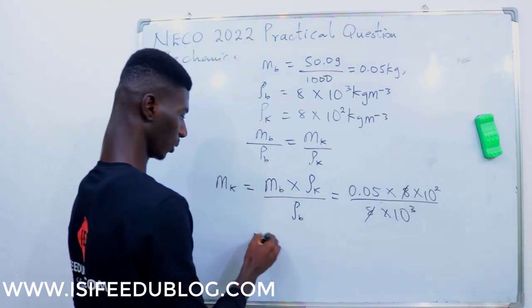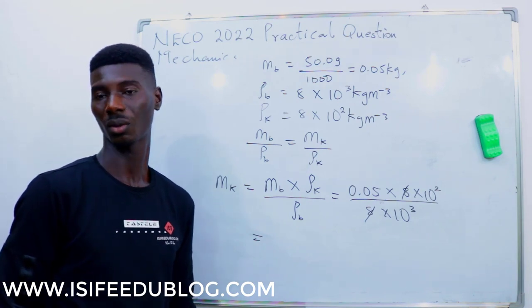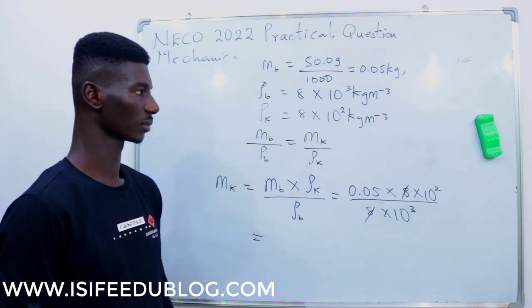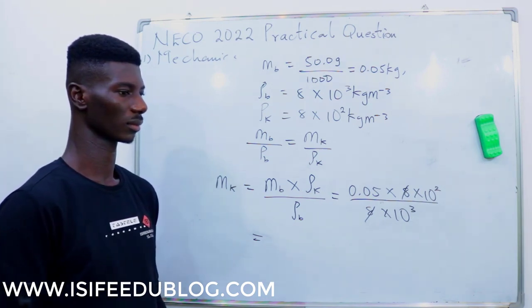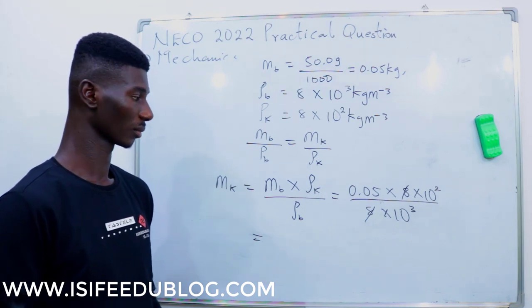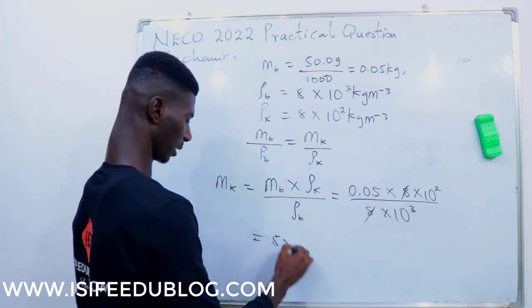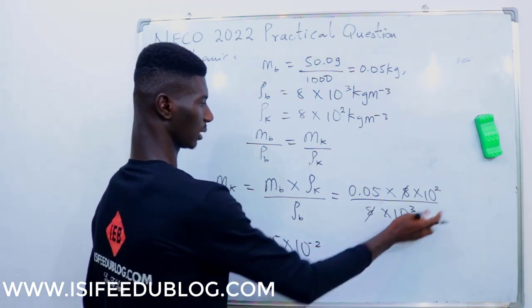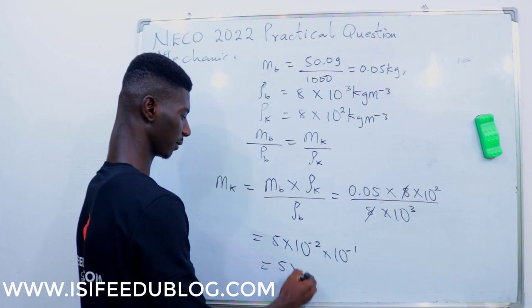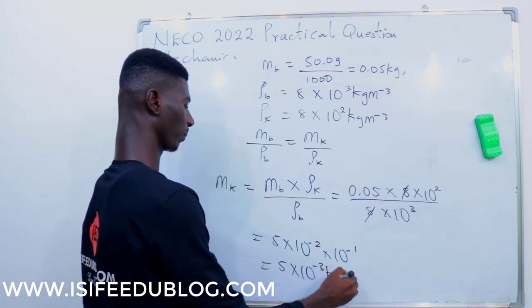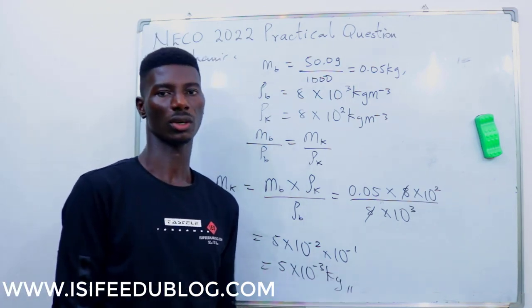If this goes up, what we have is 5 times 10 raised to power minus 2 times 10 raised to power minus 1. So what we have is 5 times 10 raised to power minus 3 kg. So this is the mass you are going to see on your spring.